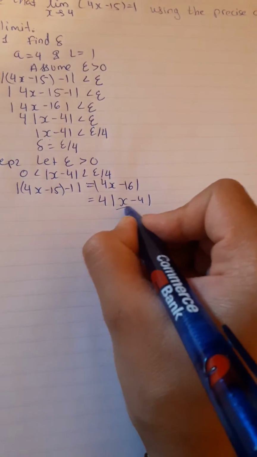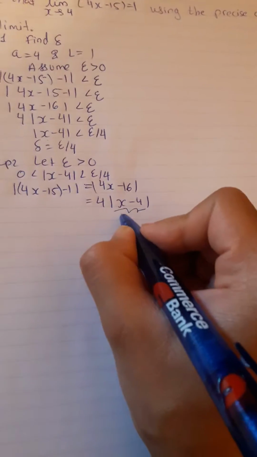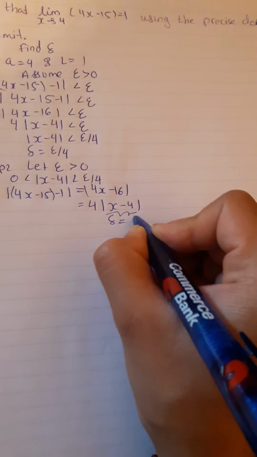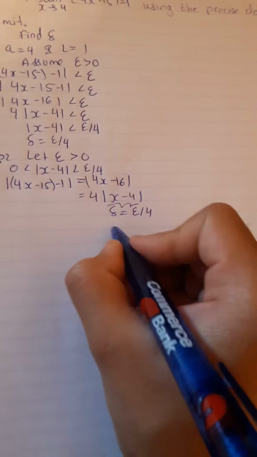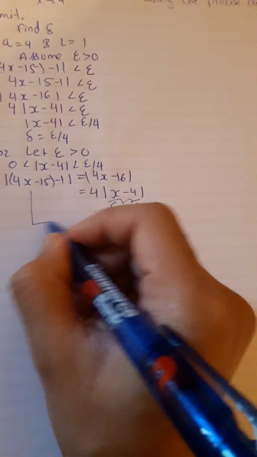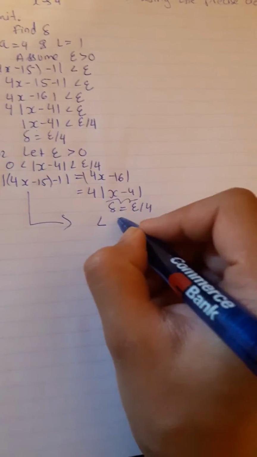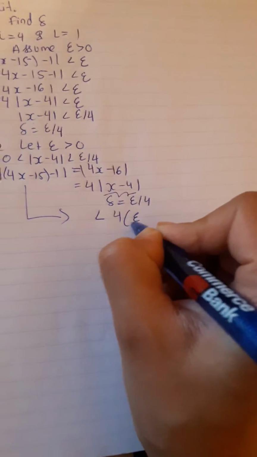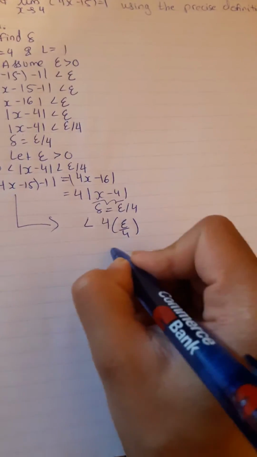But we know that this right here is less than delta, which is also epsilon over 4. Therefore, we can write this as being less than 4 times epsilon over 4, which is simply epsilon.